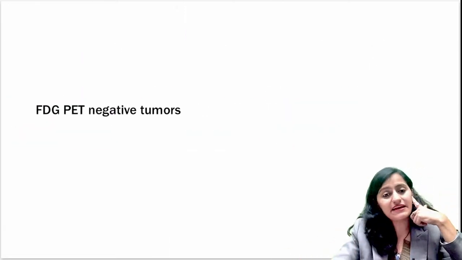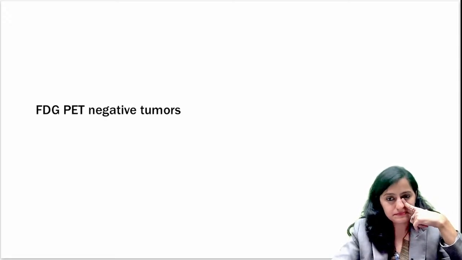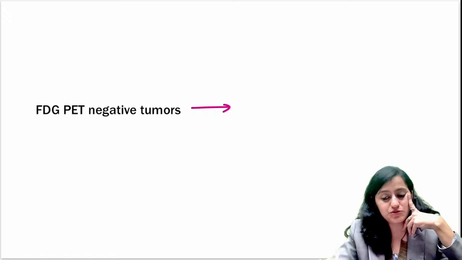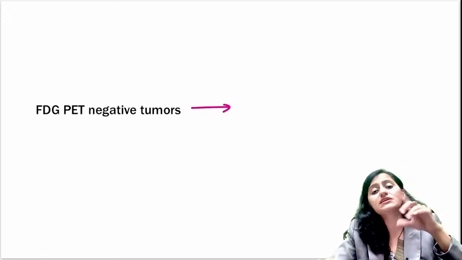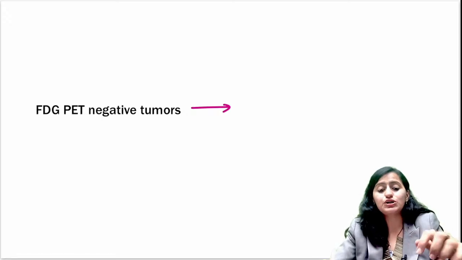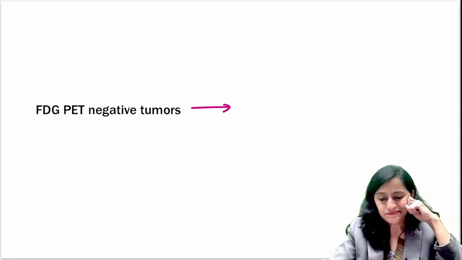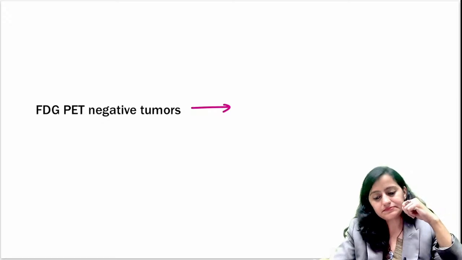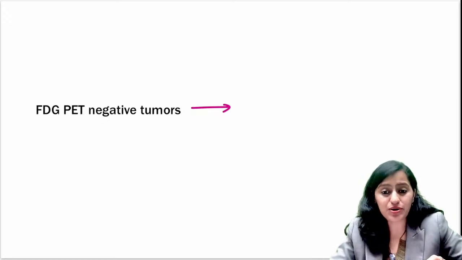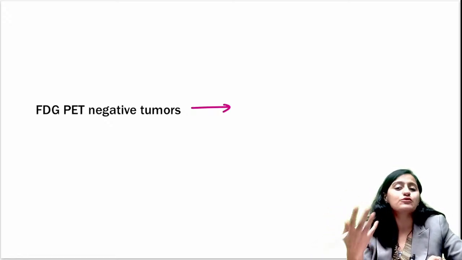What tumors are FDG PET negative tumors? First of all, tell me, are these going to be low-grade tumors or high-grade tumors? Which tumors are going to be FDG PET negative? Low-grade or high-grade? Right, it is low-grade tumors, because the tumors which are similar to the normal cells are low-grade tumors.